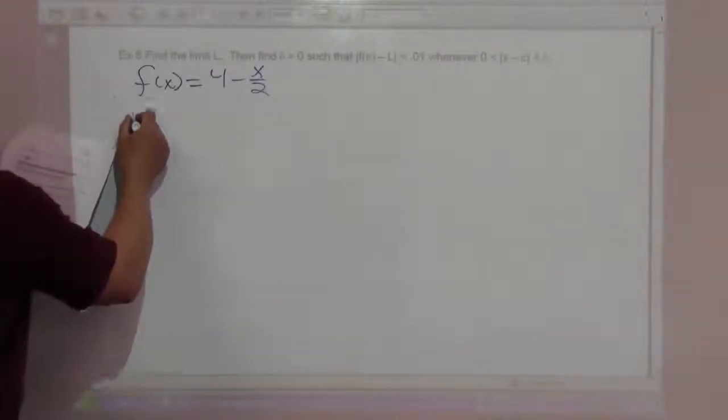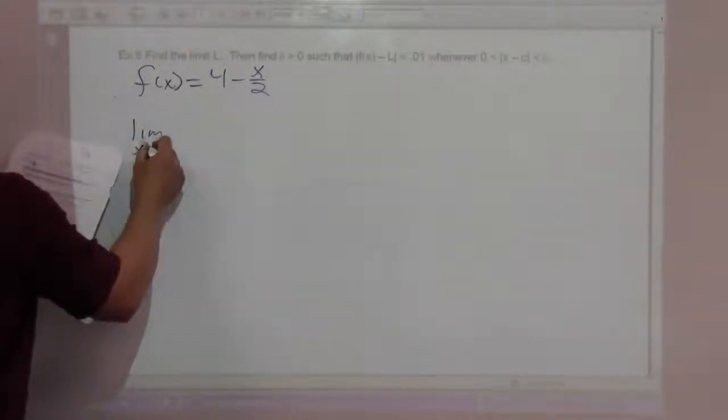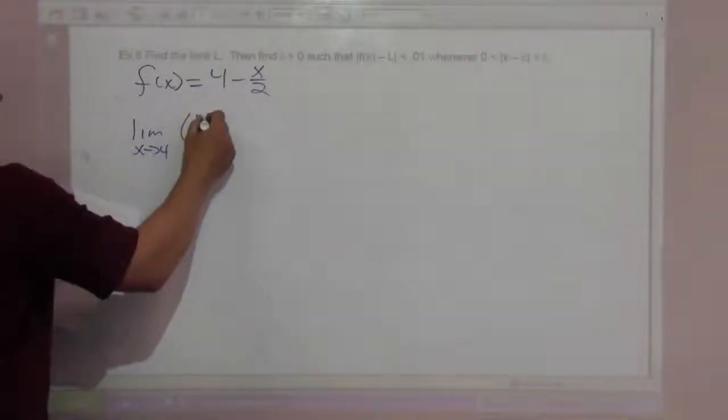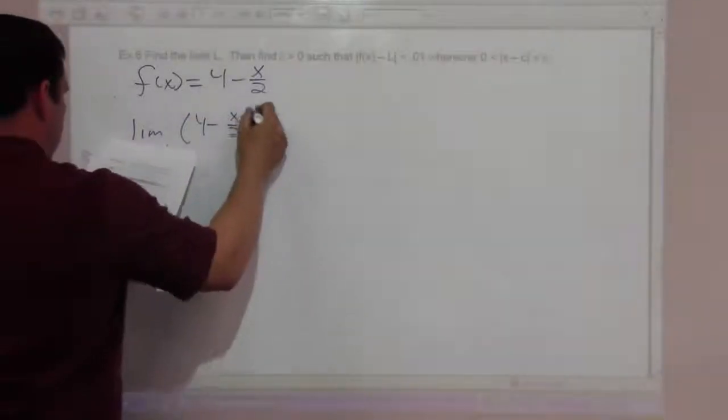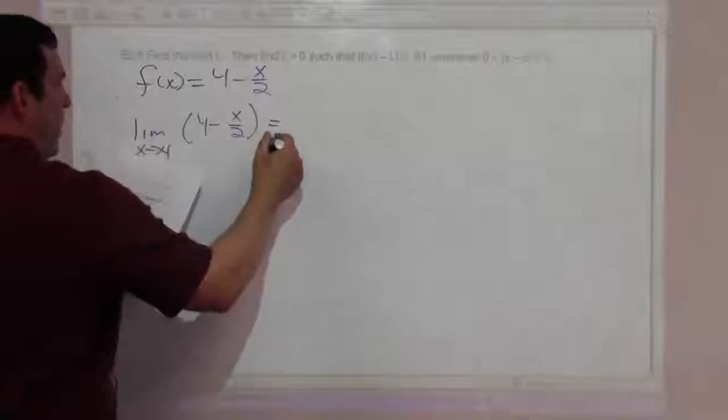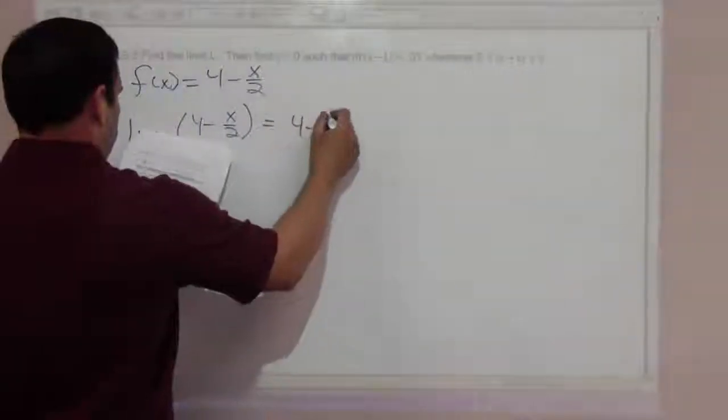And the limit as x goes to 4 of 4 minus x over 2 is going to be 4 minus 4 over 2.